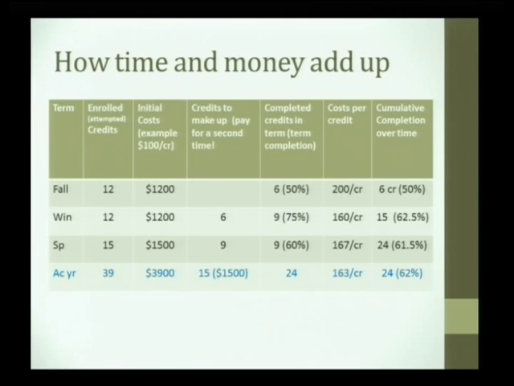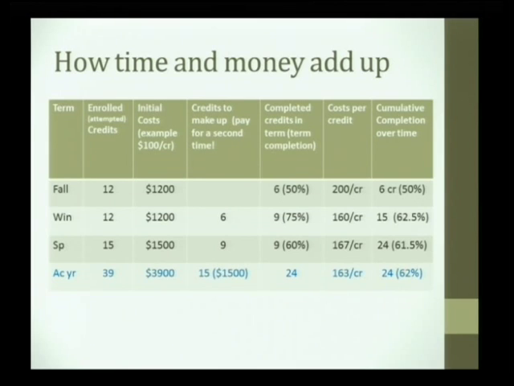This is a student who signs up for 12 credits, and we're just going to say $100 per credit. The cost per credit at Lane is $98 a credit, and then there's all sorts of fees on top of that. There's books. There's all the living expenses. So it costs more than that, but just for simplicity, we'll use that. So these 12 credits cost $1,200 and more.